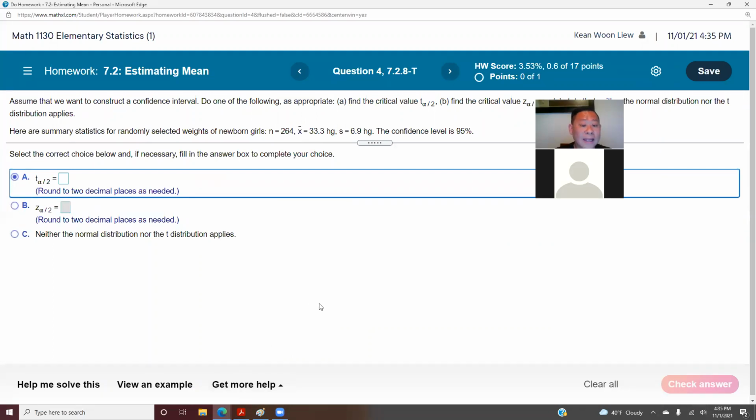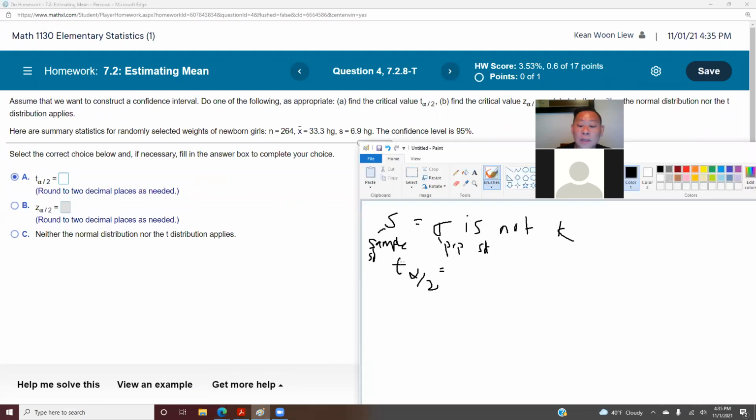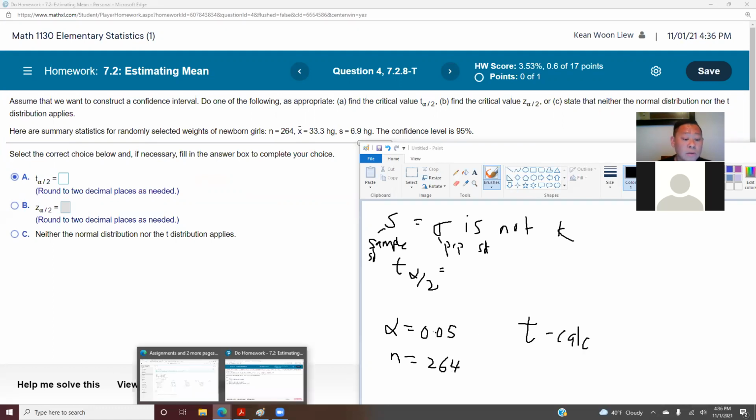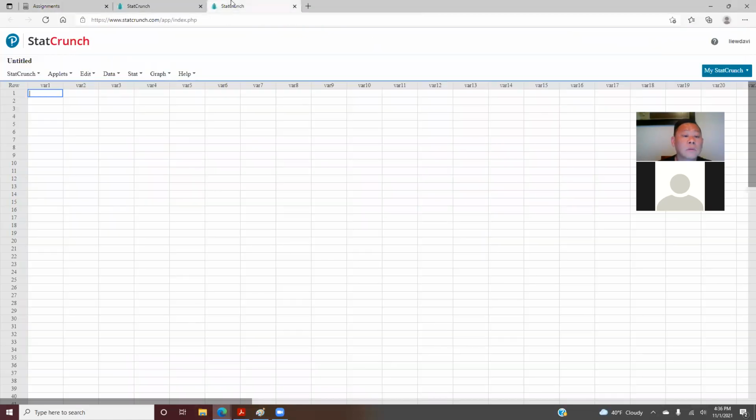And how do we calculate this? It's the 95% confidence level, so that means our alpha in this case is 5%. Our N in this case is 264. So you have to go to your T calculator in StatCrunch.